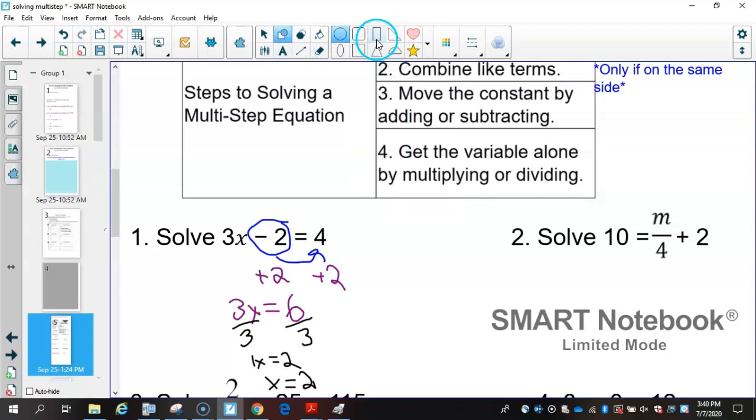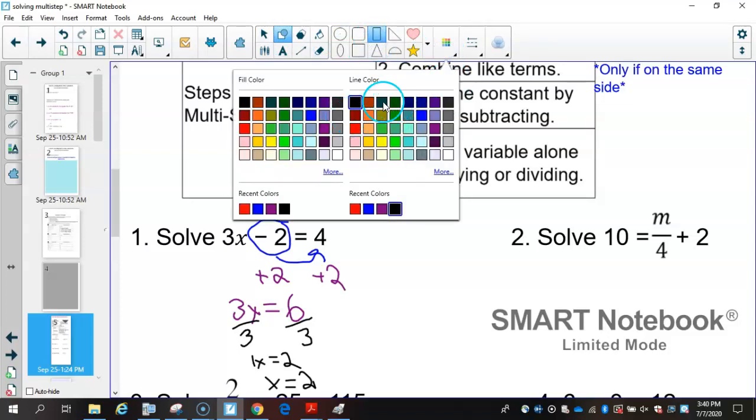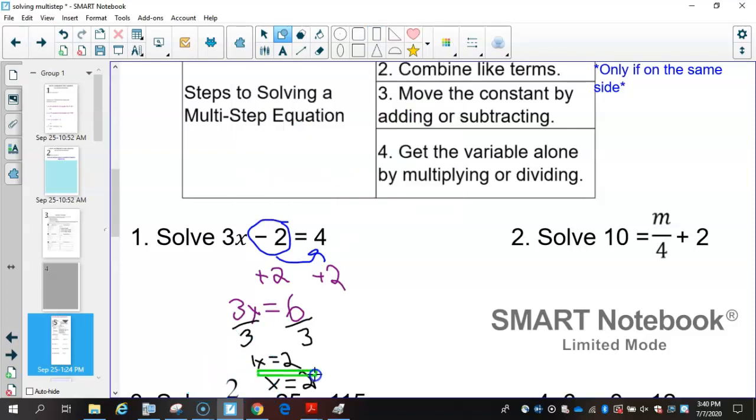I'm going to box this answer in with a bright color so you can see it. There we go. Now, we got a solution. You should always be double checking to see, does this solution work, and to put this back in. So you can do that by hand, by calculator, doesn't matter. I'm going to talk it through and then put it in the calculator.